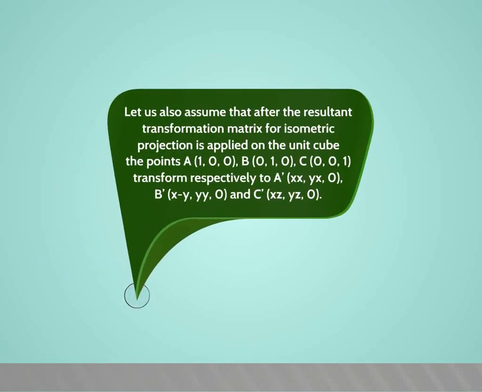Let us also assume that after the resultant transformation matrix for isometric projection is applied on the unit cube, the points A, that is (1, 0, 0), B, that is (0, 1, 0), and C, that is (0, 0, 1), transform respectively to A' (xx, yx, 0), B' (xy, yy, 0) and C' (xz, yz, 0).